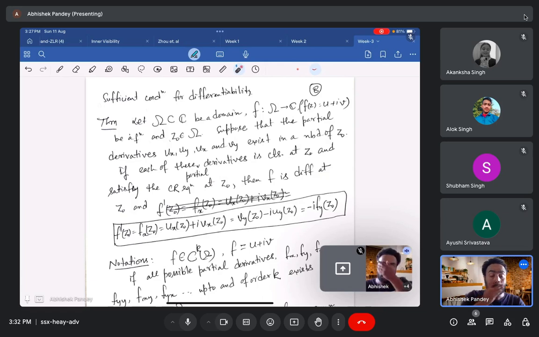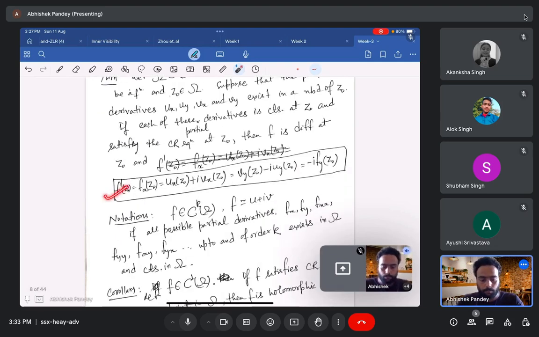So just remember these two important conditions: the partial derivatives have to exist in a neighborhood of z naught and be continuous at the point z naught. Then f will be differentiable. This is a well known result.